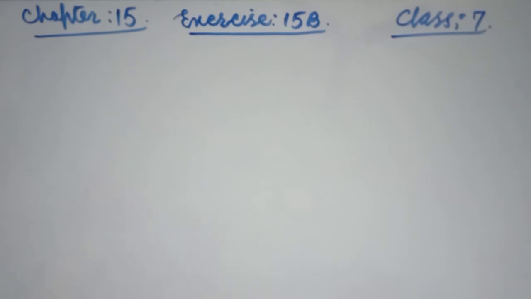Friends, in the last video session we had covered some important points related to triangles and exercise 15a as well. Now here, friends, we will solve exercise 15b completely. Okay, so friends, let's get started.